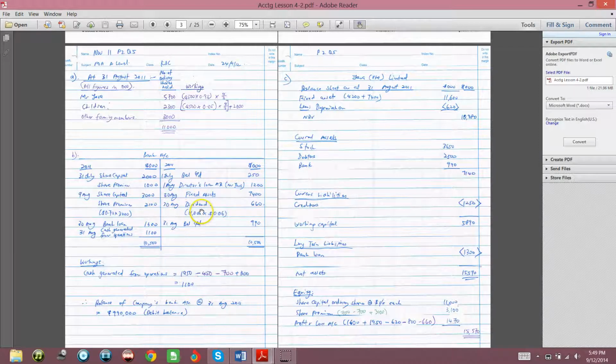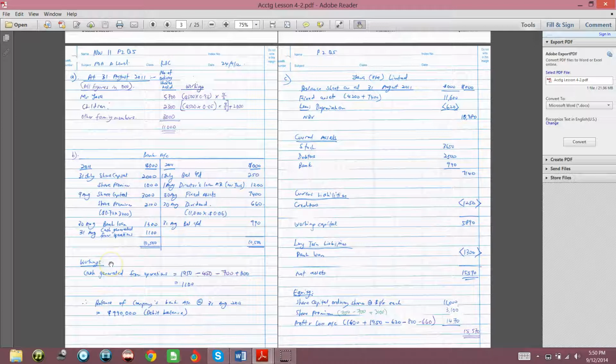What are all the ordinary shares on issue on that date? It is what we have calculated here, 11 million. So the dividend is 11 million times 6 cents per share, so the dividend paid is 660,000 over here.